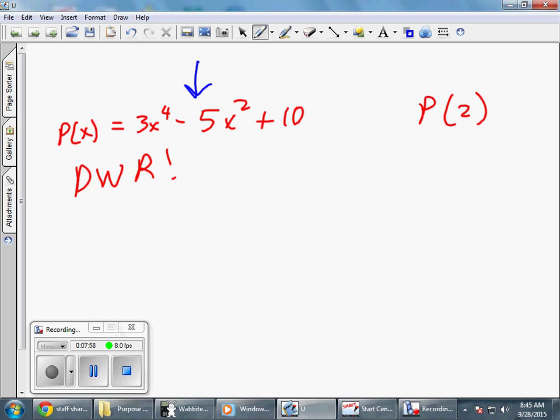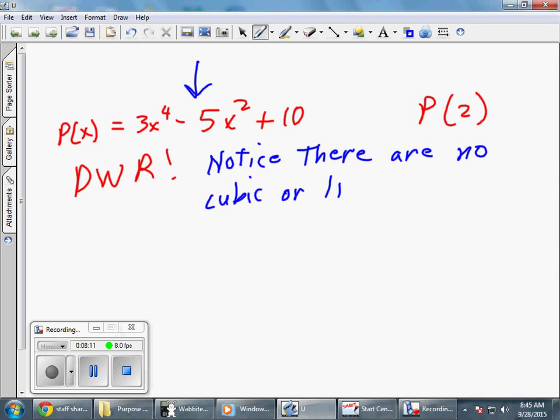I will say this. Notice what's going on here. Notice there are no cubic or linear terms. There's no x cubed or x to the first term.